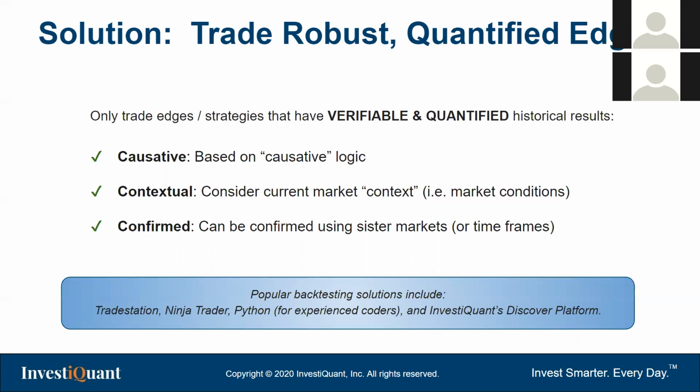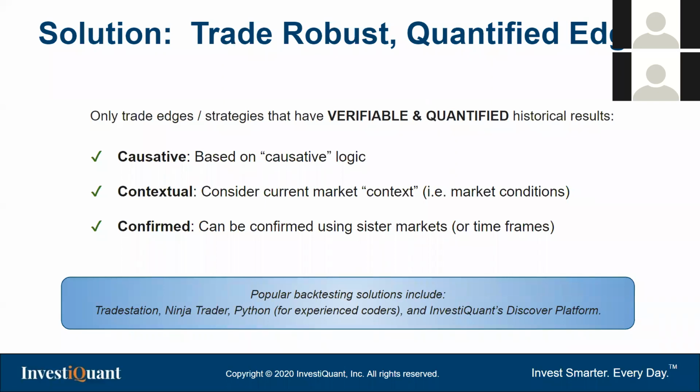And you can do this type of research with many of the popular backtesting solutions. TradeStation probably has the best name recognition out there for this type of solution that you would need to do that backtesting. NinjaTrader is another one. You need to be able to code in both of those. I believe Ninja is C#. TradeStation uses their own language called EasyLanguage that you could code in. Python, that's what our developers here really like to use.